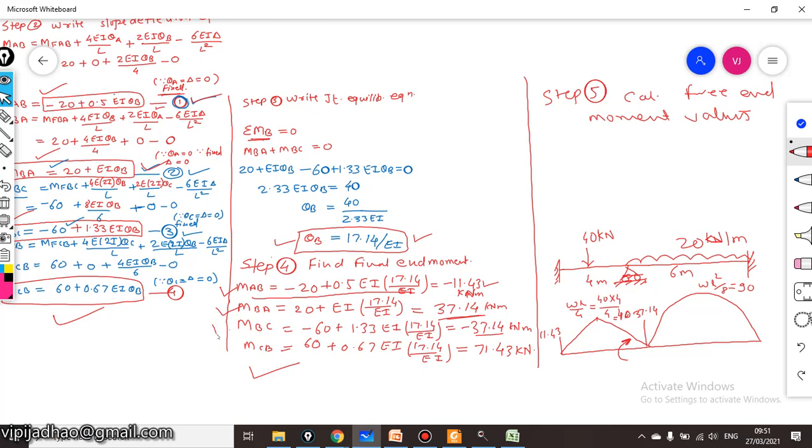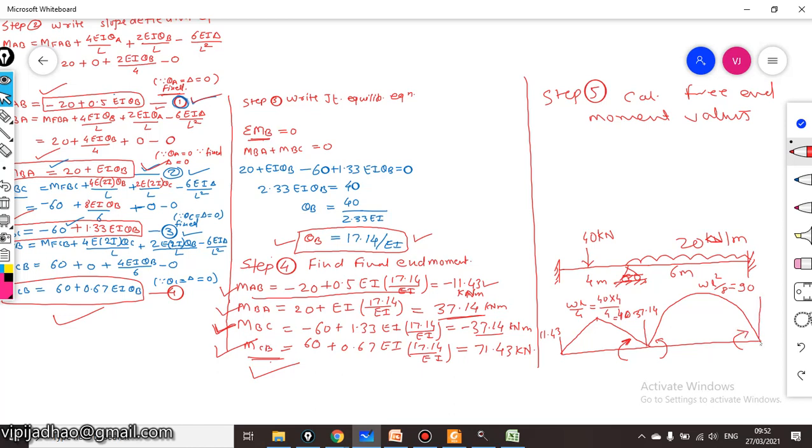Then we have to consider MBC. The magnitude will be the same, but the direction will always be negative, so it will be on the negative face, 37.14, which is already drawn. Then we draw MCB as 71.43 on the positive, clockwise face.